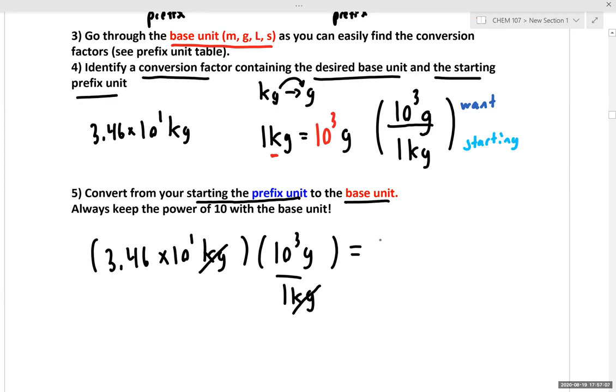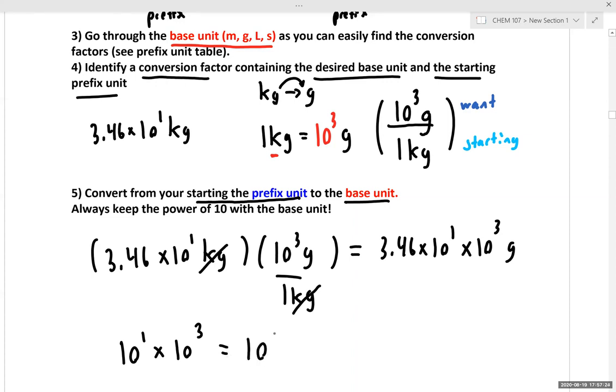That gives us 3.46 times 10 to the first times 10 to the third grams. And remember, if we have powers of 10 that we're multiplying together, we can add our powers of 10. So 1 plus 3 gives us 10 to the fourth. We end up with 3.46 times 10 to the fourth grams.